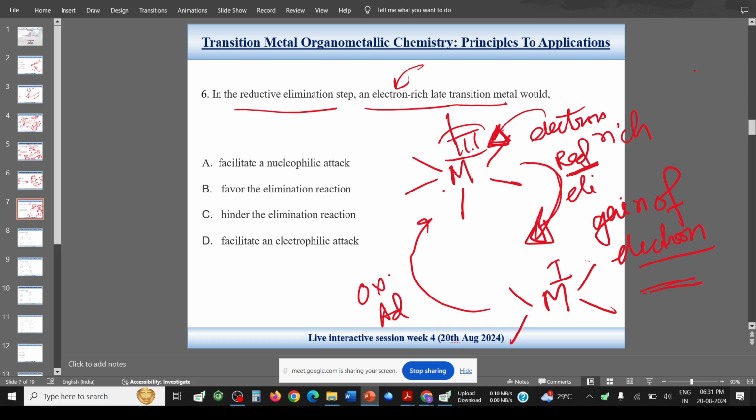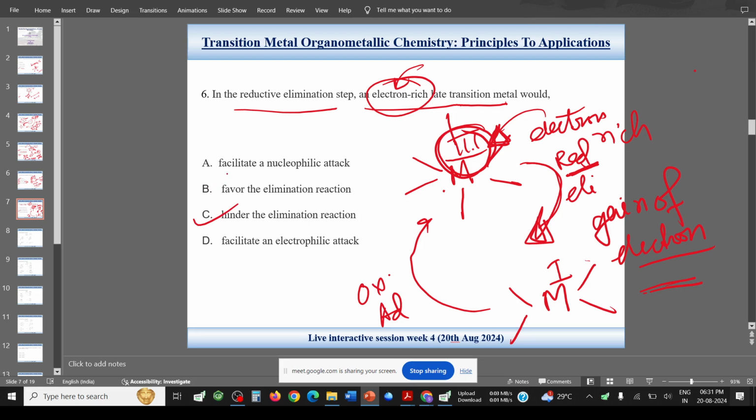Already in this state it is electron rich, meaning it has more electrons, and for reductive elimination you are adding more electrons to the metal to make the reduction happen. So obviously it will not happen. The option is to hinder the elimination process, meaning the elimination will be much slower.